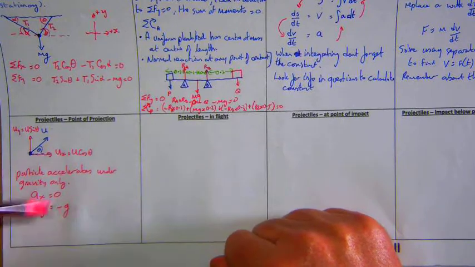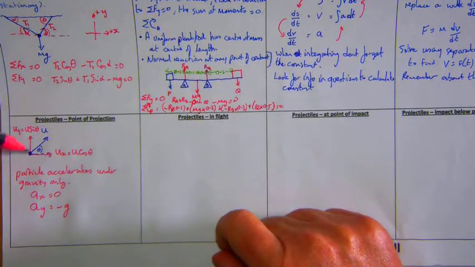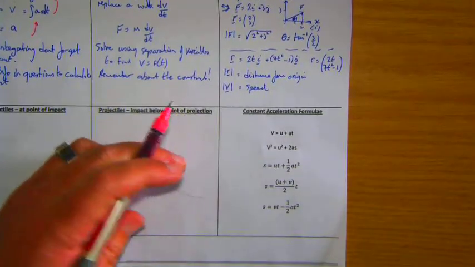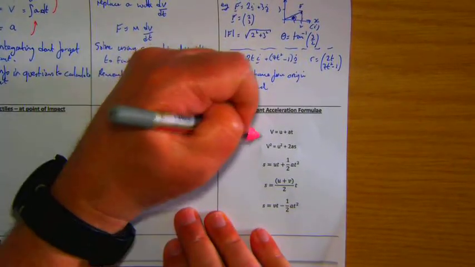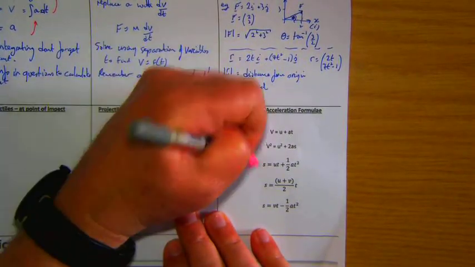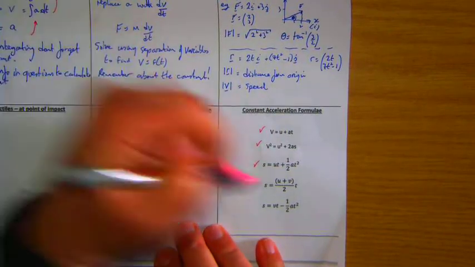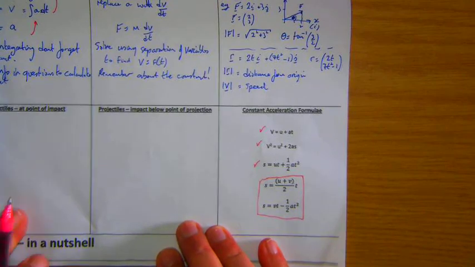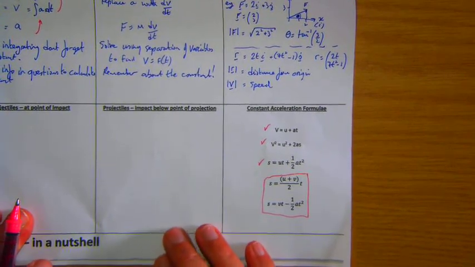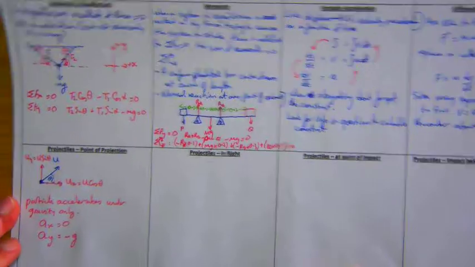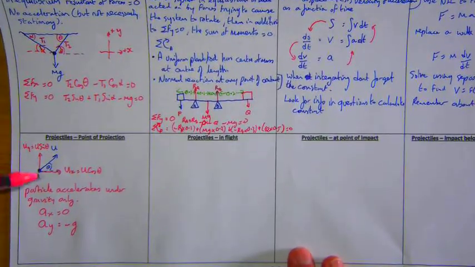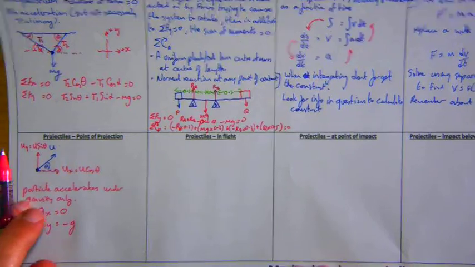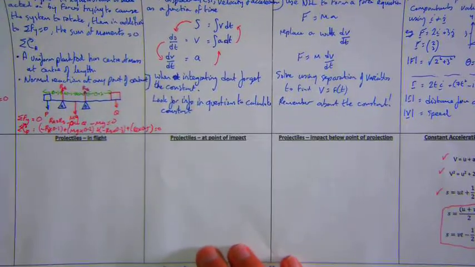That's the only thing that's happening. All the equations that we generate for projectiles come from the year 12 ones. We use that one a lot, we use that one a lot, and we use that one a lot. These ones are more archaic. You can use them, but we very rarely do. So that's our setup, splitting the initial velocity into its vertical and horizontal components.